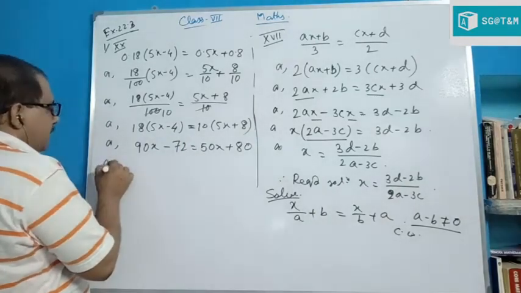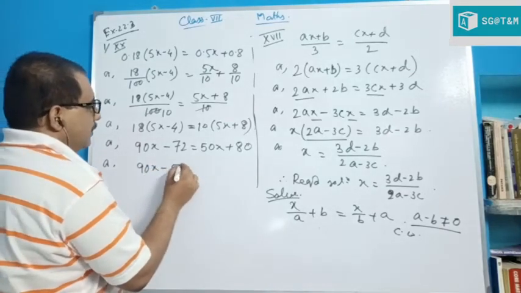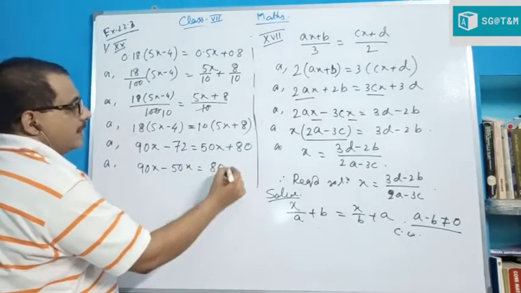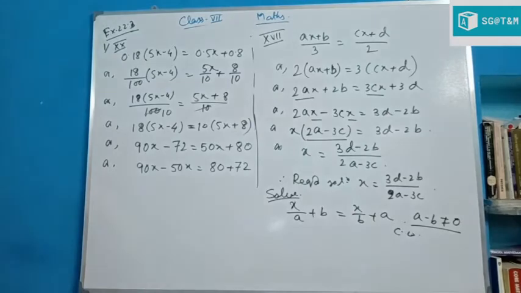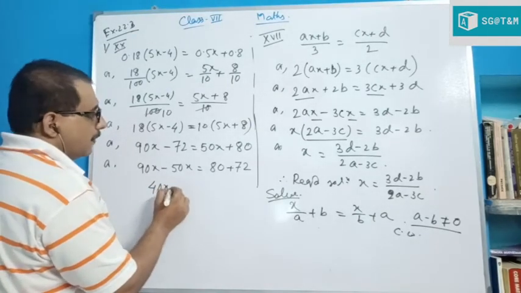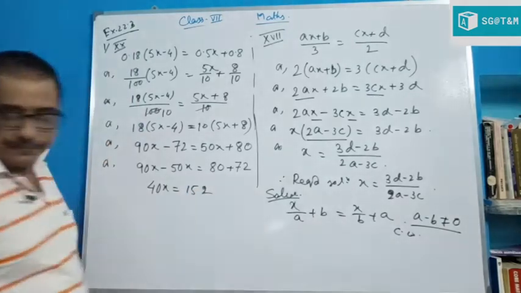Take this x into left hand side. 90x minus 50x. 80, take into right hand side. Minus will be plus. 90 minus 50, that is 40. 80 plus 72, 152.